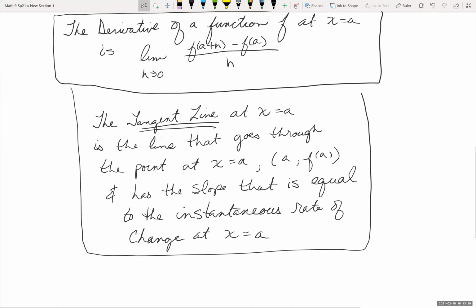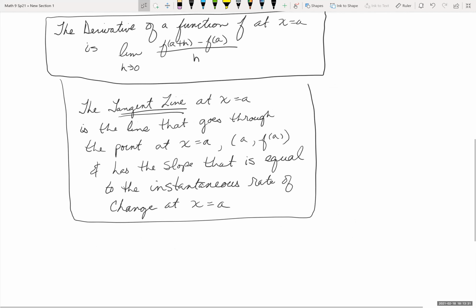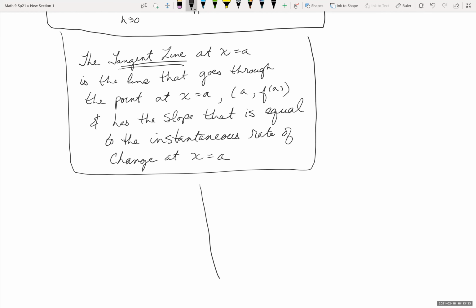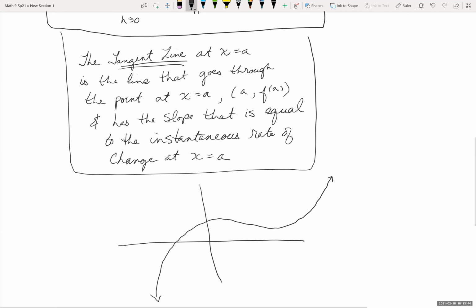Okay, so if you are looking at a tangent line, it depends on where you are on the graph. And so if you're trying to figure out what that tangent line is going to look like on the graph, choose some point on the graph.